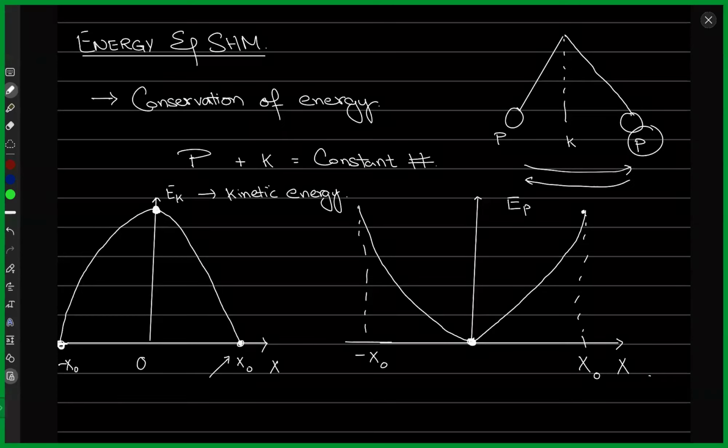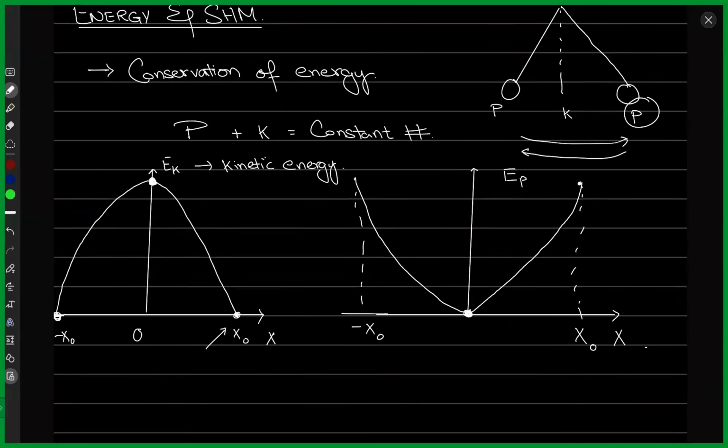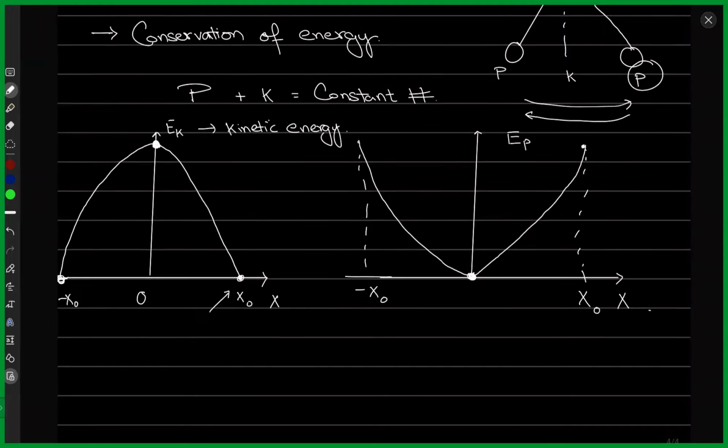Okay, good. So now remembering the conservation of energy, how should the total energy graph look? Here, let's suppose that I'm writing the total energy, and here is the position.